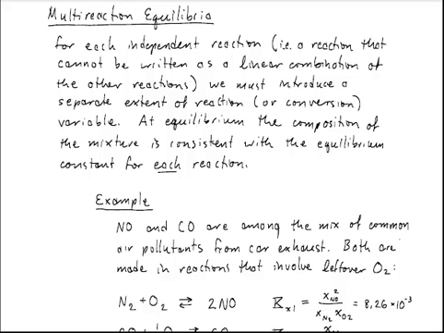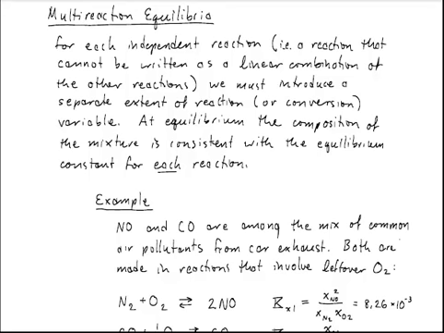And so the equilibrium concentration of all those species is well defined. We basically have to minimize the Gibbs free energy over all of those degrees of freedom, subject to the constraints, which are the equilibrium constants for each of those reactions. So let's see how we do this in practice.